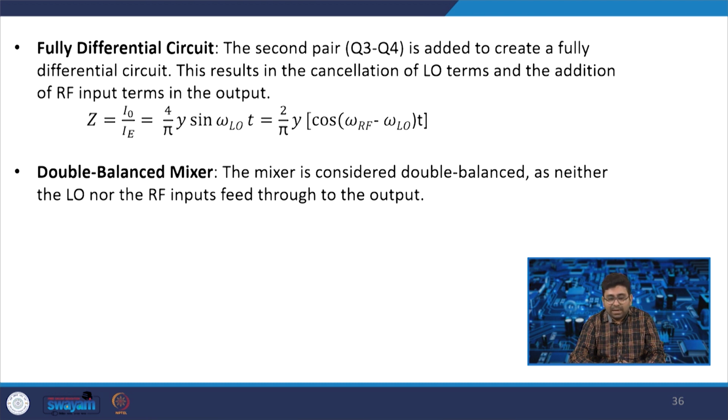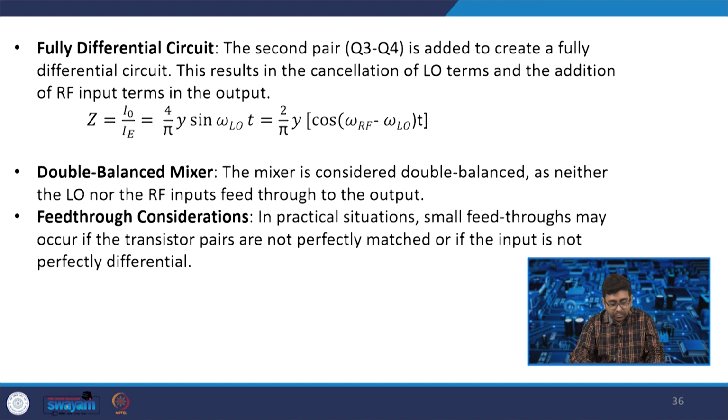And so, here your LO feed through is cancelled out, and there is no RF feed through. So, there is neither LO feed through nor RF input feed through to the output in the double balanced mixer, because you are cancelling out the common mode signal for both LO and RF.